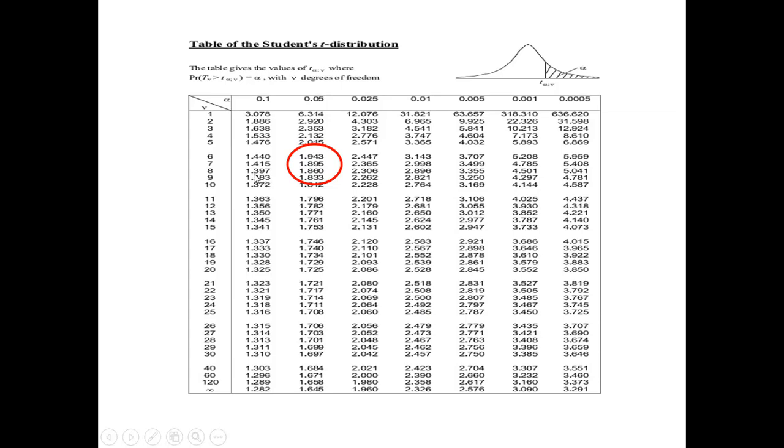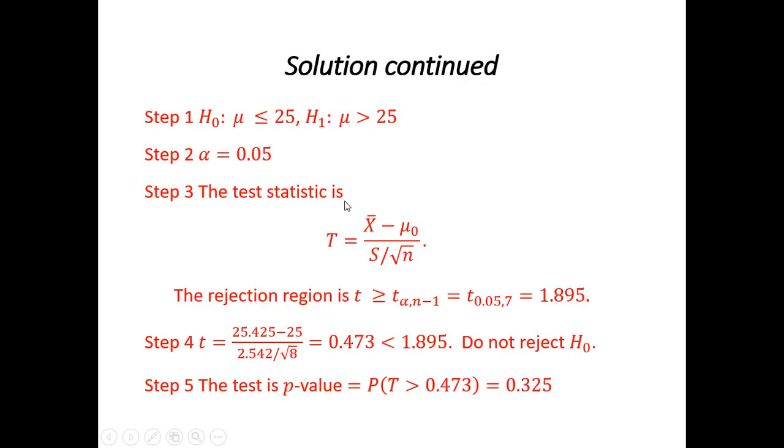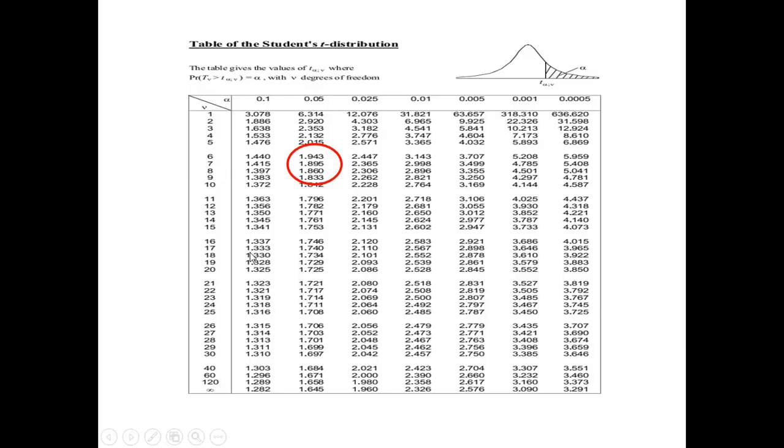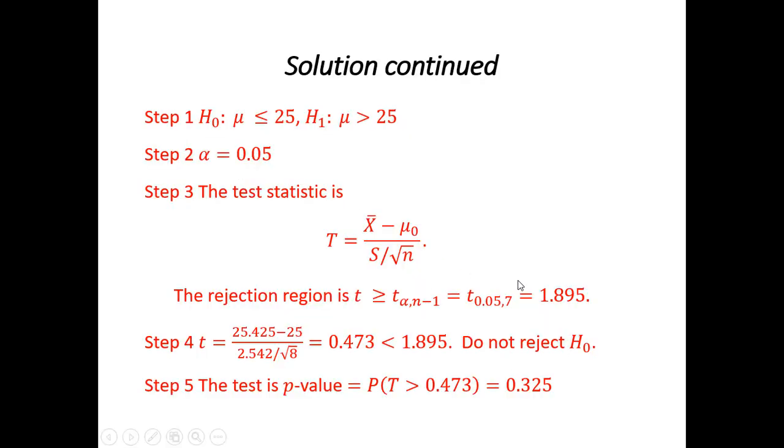If we saw that our value was maybe between 2.365 and 2.998, we could use these as bounds. You'll see that in the book. But for this one here, if we go back here, our value was 0.473, and we don't see anything remotely close to 0.473. So that's why you would have to use technology for calculating this p-value.